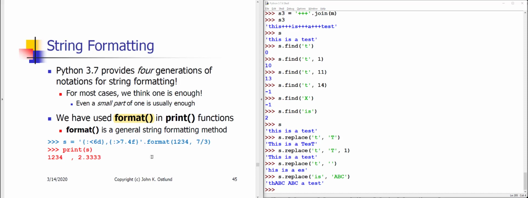Let me backtrack a little. It is important to know one way, at least, of formatting arbitrary values in arbitrary configurations. All right, so we've mostly used format in strings that we have then printed, but actually format is a general formatting mechanism, and print doesn't need to be involved at all.